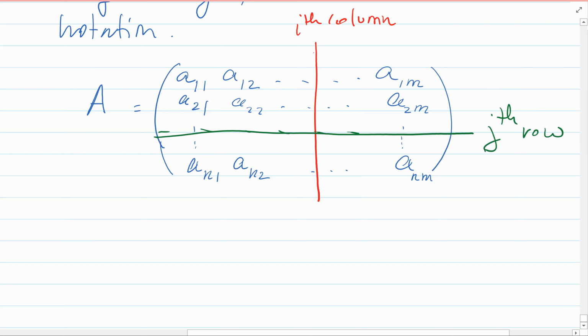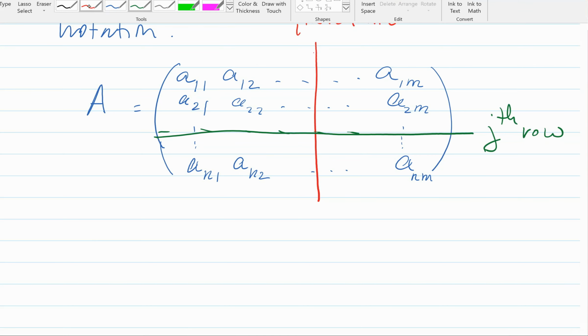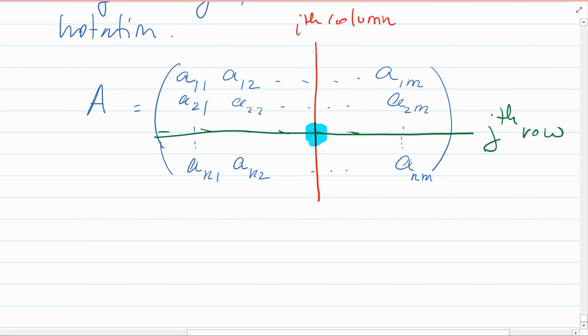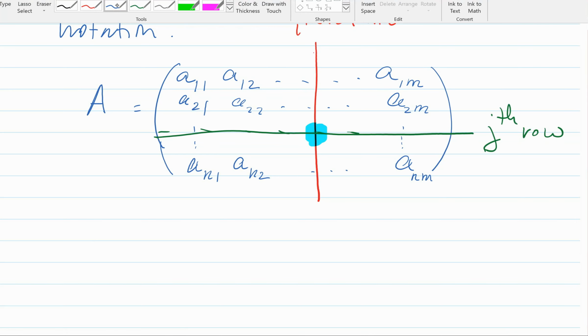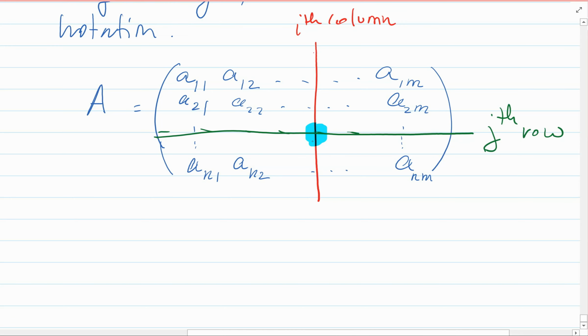So we have the jth row and the ith column. The entry that you have there will be a, we said that's the symbol. The row will be the first index, and the column will be the second.